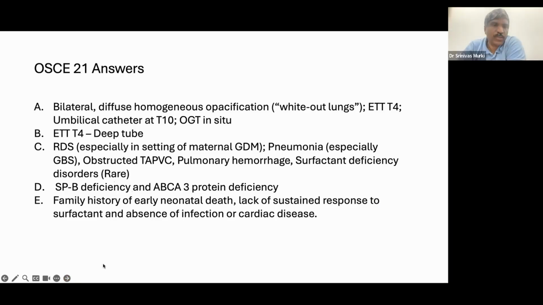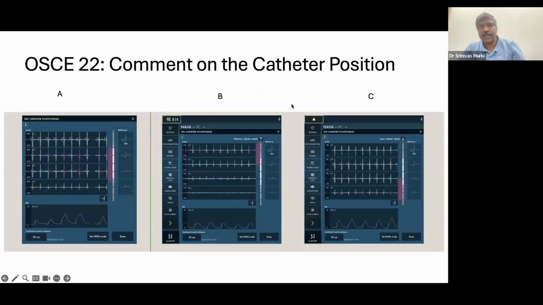So we are at the last question. I think we are dot on time. So again, coming back to NAVA, what does A, B, C represent? What is A, B, C?